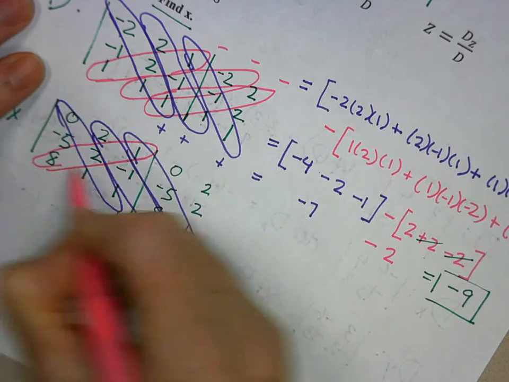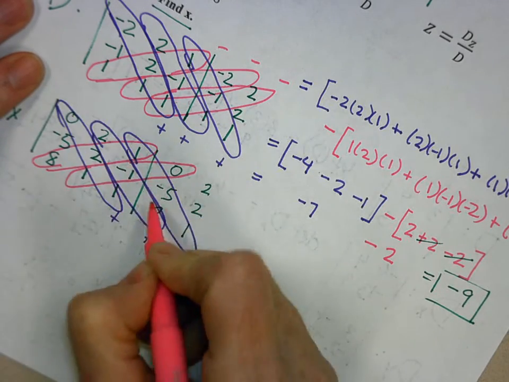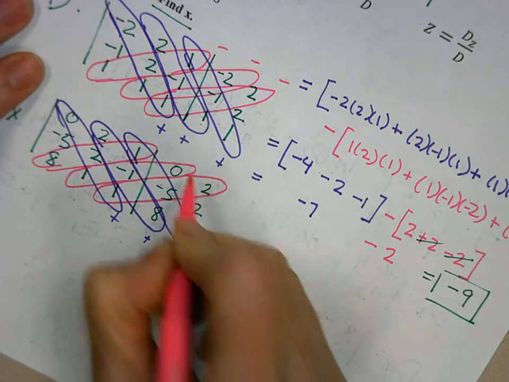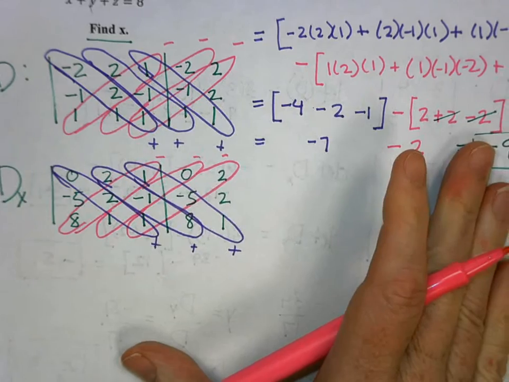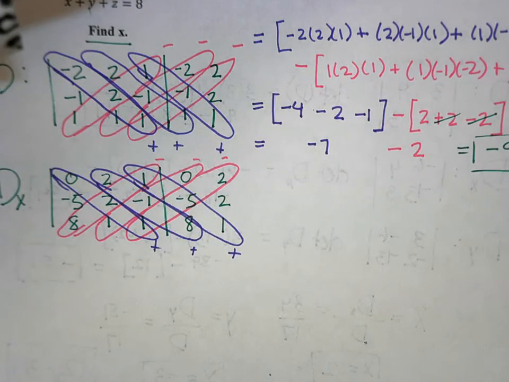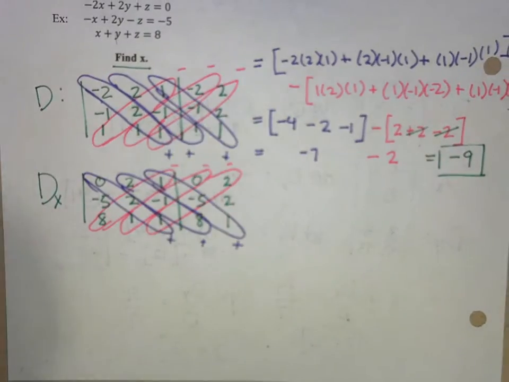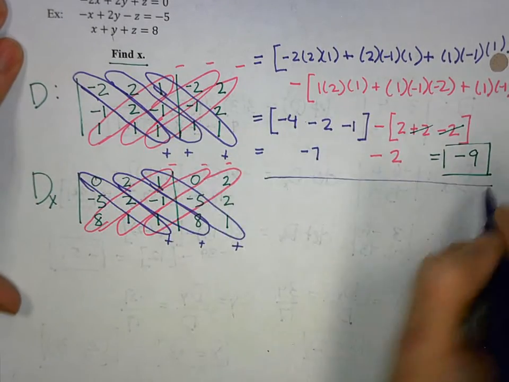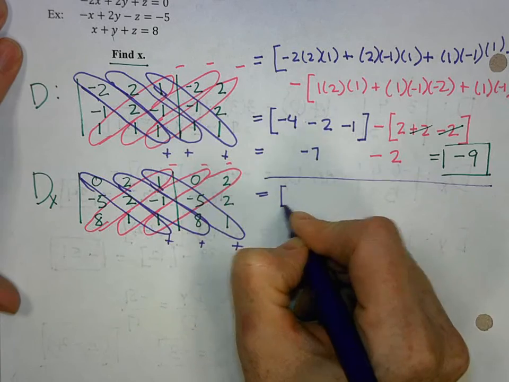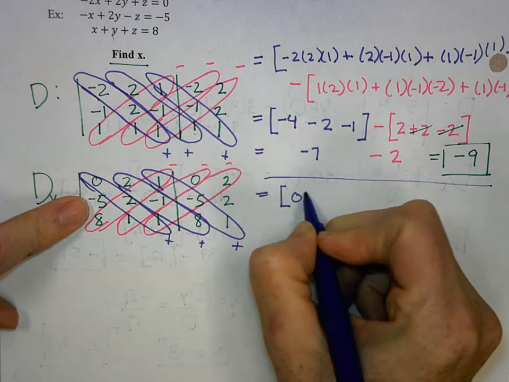Circling the positive diagonals and the negative diagonals. Very important to do it in color so you don't cover things up and not understand what you have. That's negative, negative, negative. All right. So let's draw a line there.